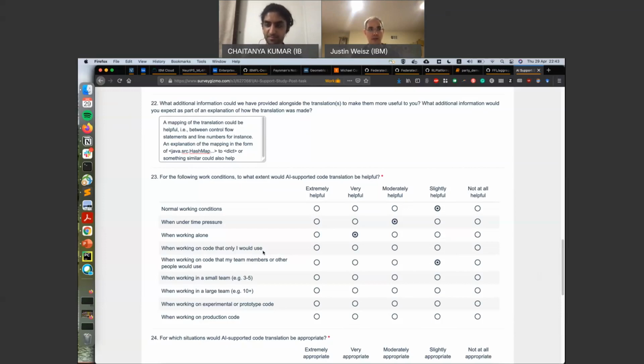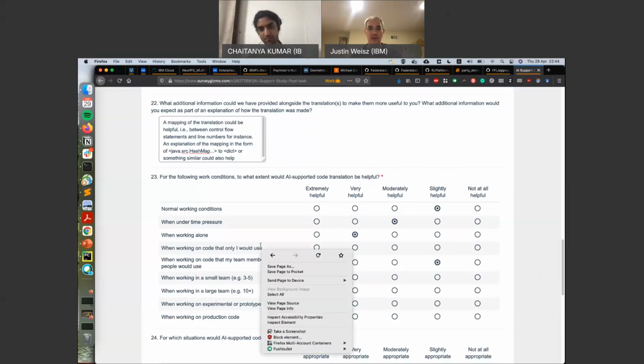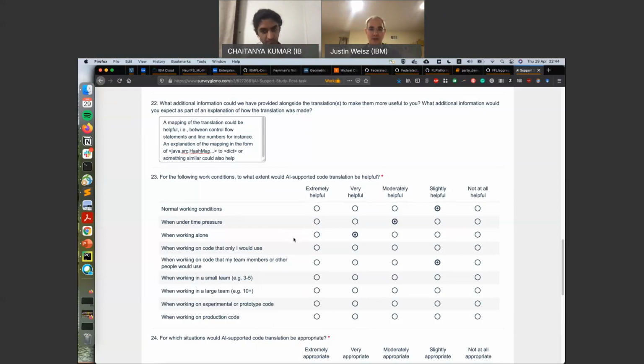It's more about if you had an AI system that could do this translation, would you use it in the case where no one else is going to look at this code, versus if you have to translate this and other people are going to look at it? Would you want the AI's help in those two cases?